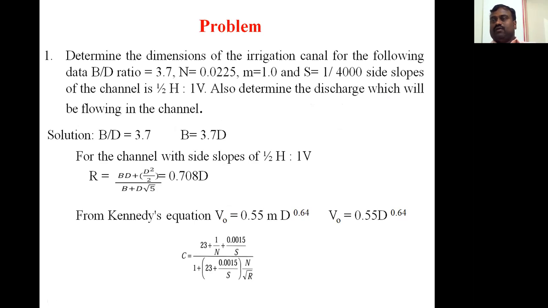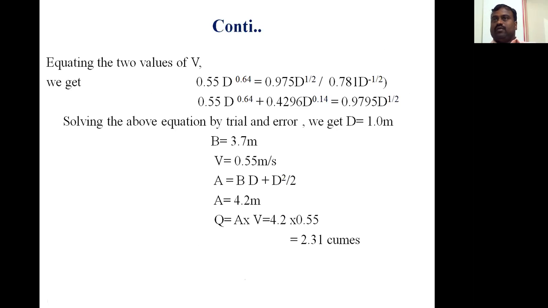So velocity results equal to 0.55 meter per second after substituting the value of D, and area using the area formula is calculated here as 4.2 meter squared, and finally using the discharge equation the value of Q is obtained here equal to 2.31 cubic meters per second. So this is the solution for the given problem.